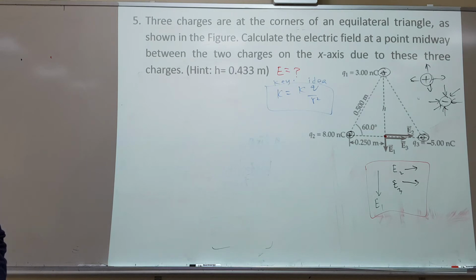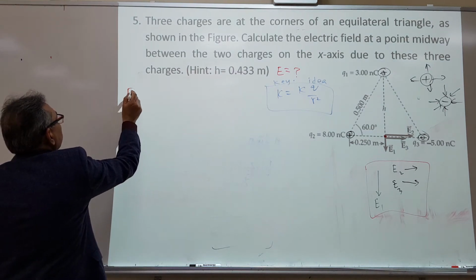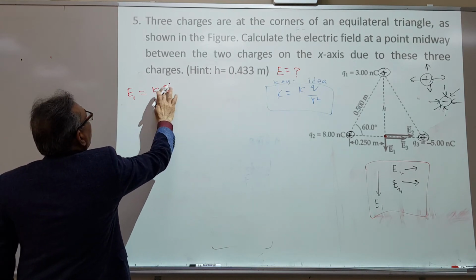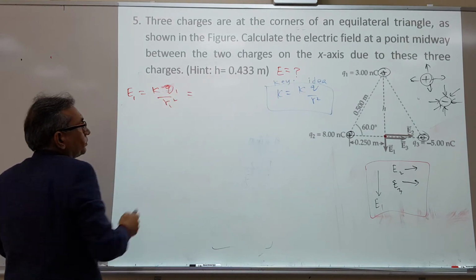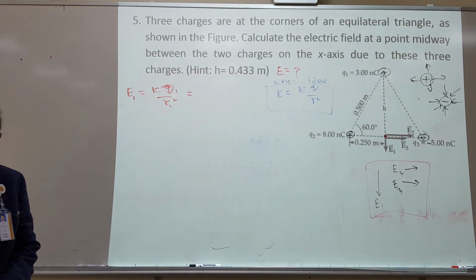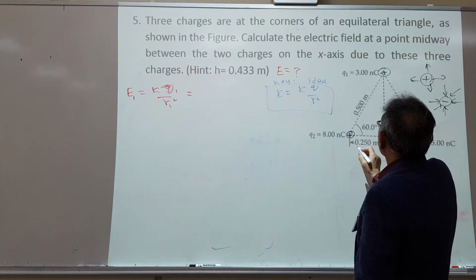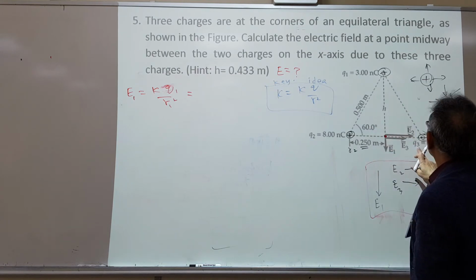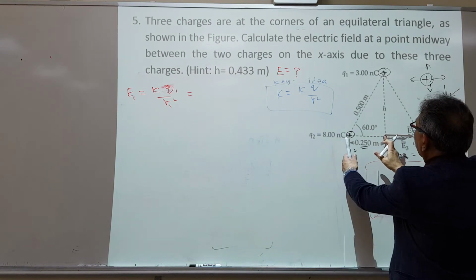So first, we find E1, KQ1 over R1 square. All right. You see, this is Q2, so this is R2. This is Q3, so this is R3. So this is half the same, right?